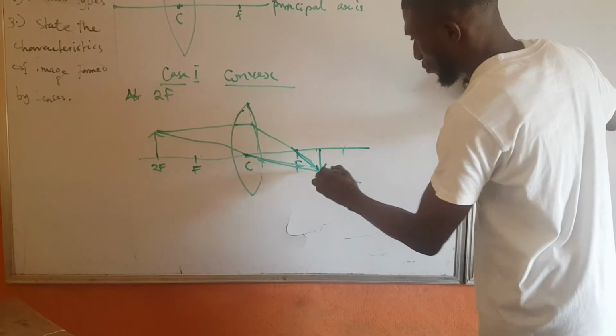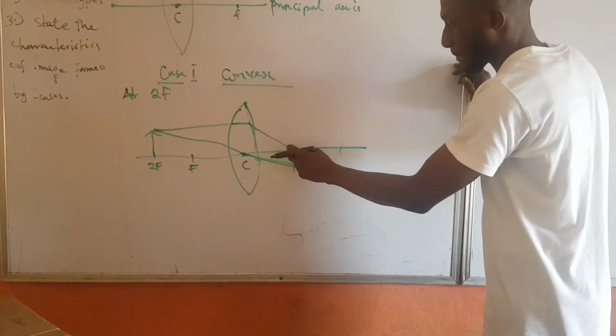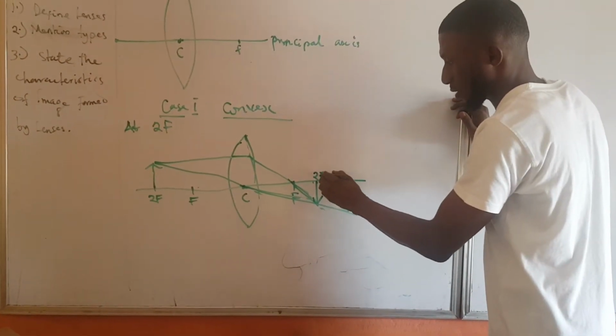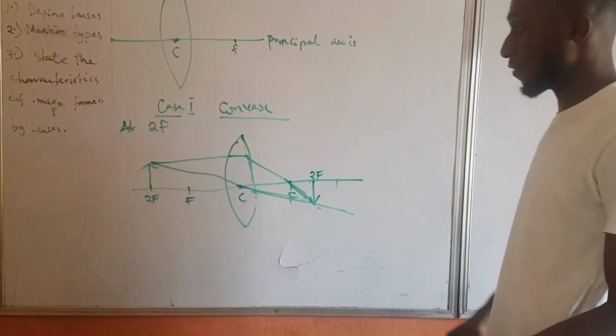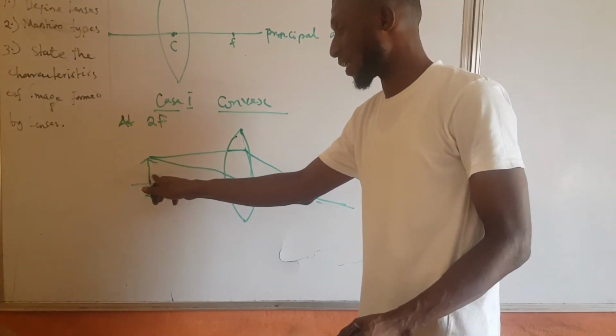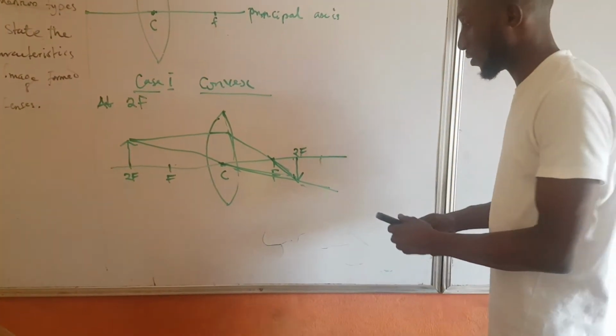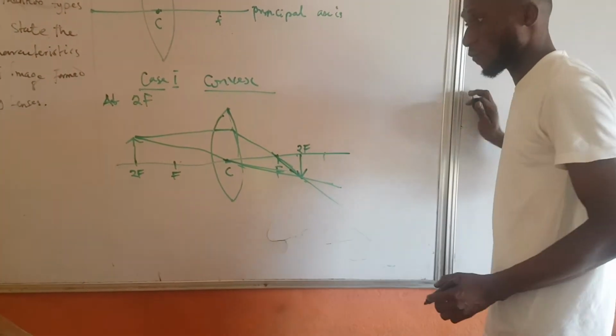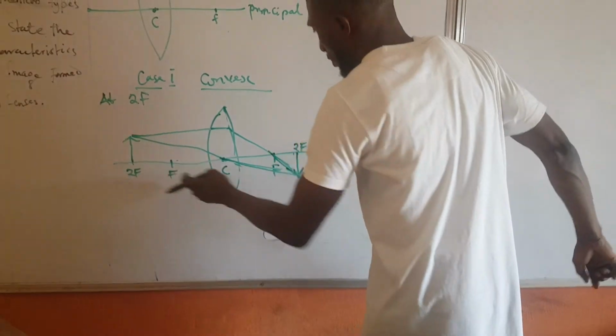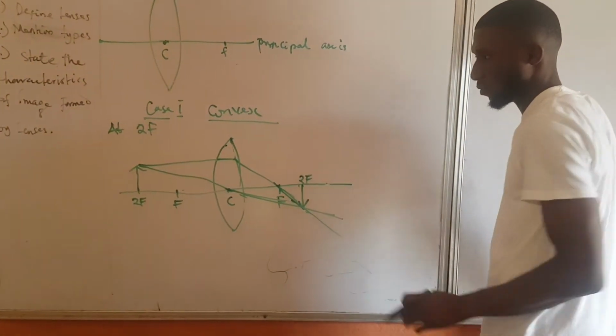If this is our f, then this place is our 2f. Therefore, any object placed at the radius of curvature is going to be refracted to the radius of curvature for a convex lens, that is at 2f. Then it's going to form the image on 2f.